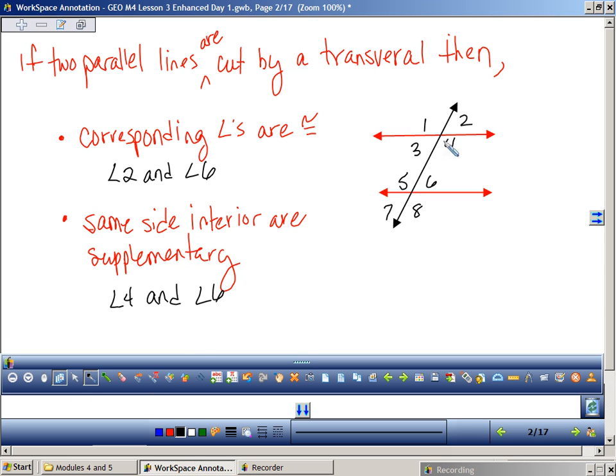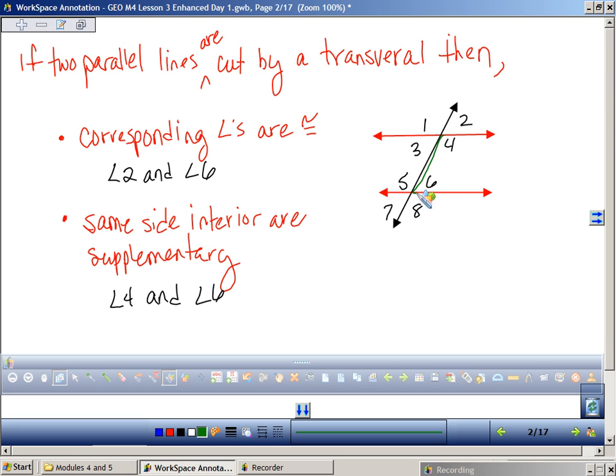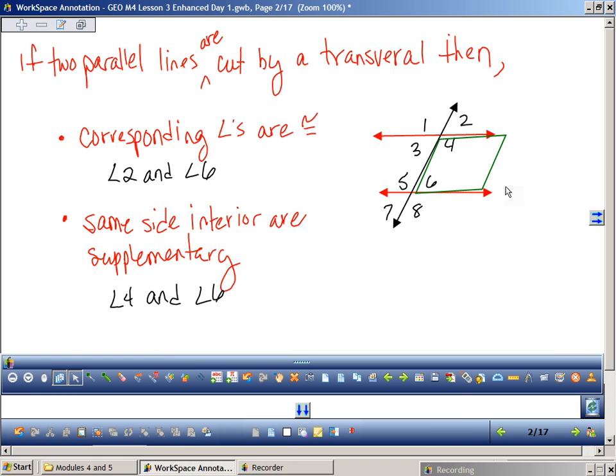Isn't this kind of like if I were to continue these lines right here? I'm going to use green. And think about it. Look at it. Isn't that a parallelogram? How many degrees are inside of a parallelogram?